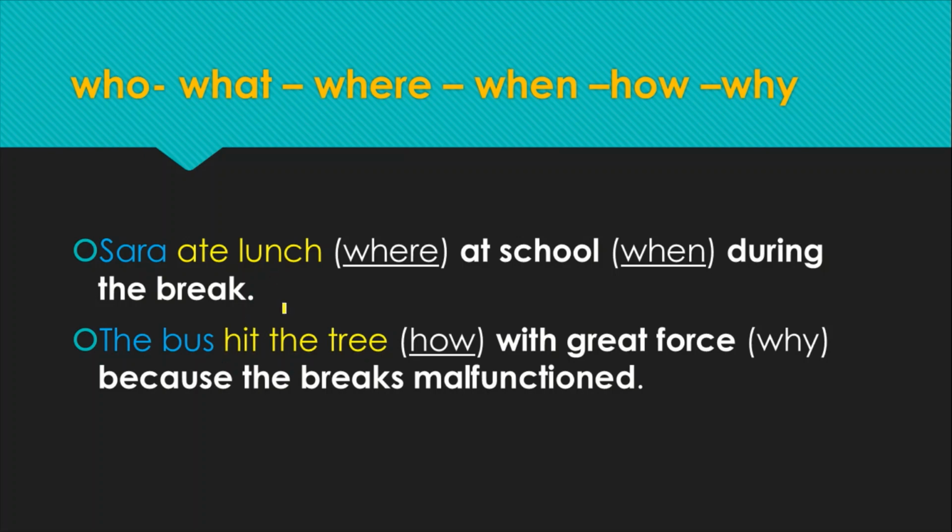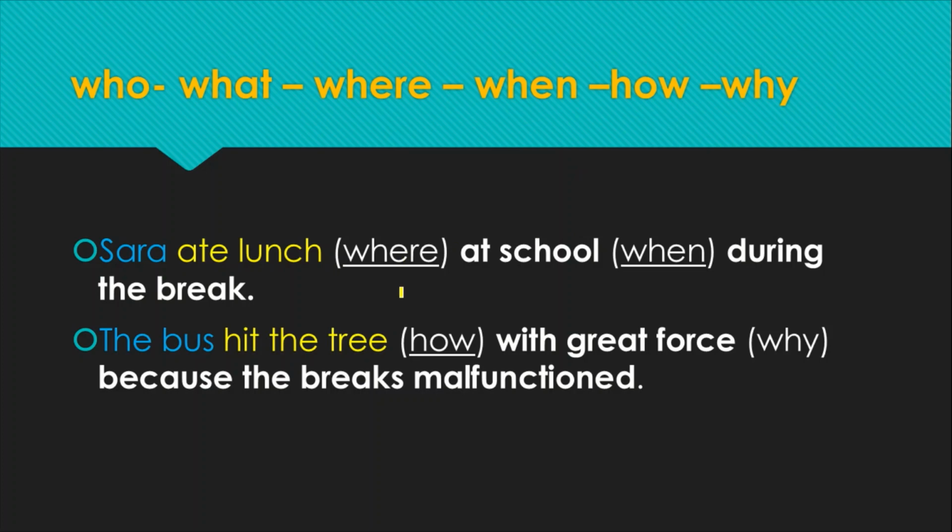For example, here in this sentence, Sarah ate lunch, alright? We can add the where and the when. So we say Sarah ate lunch at school during the break. Right? You can add whatever type of information you need. However, you must respect the order. So here where is number 3, and then when comes right after where.